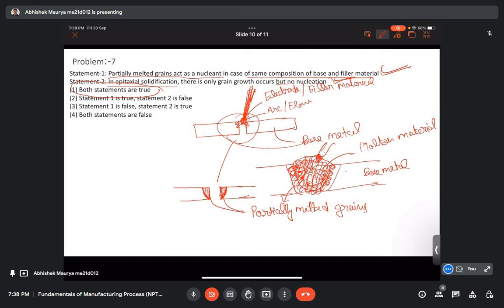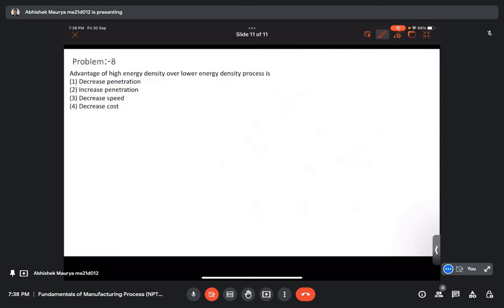So let's move to the last question of today's session. Please read the question and try to find the correct answer. After that we will discuss it together. You can give your response in the polling section.